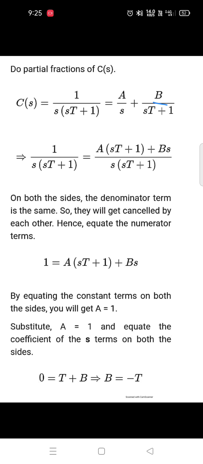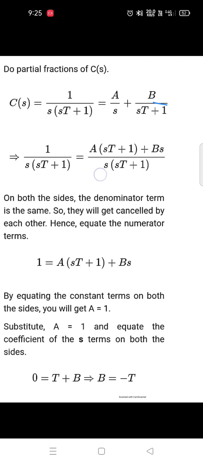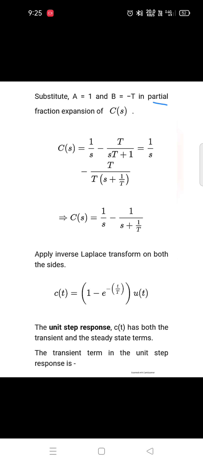Now substituting this value in our function, it will come as 1 upon s minus capital T divided by sT plus 1.